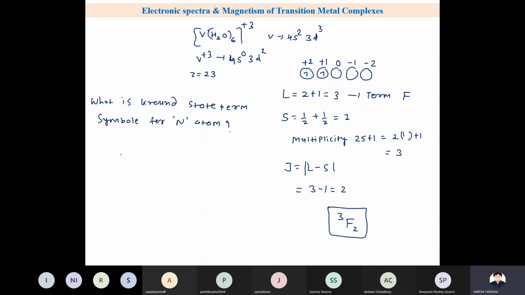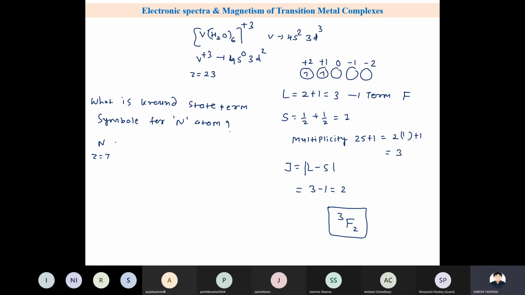Okay, good. So L value is, it is a half filled configuration, so L value is 0. Z is equal to 7.